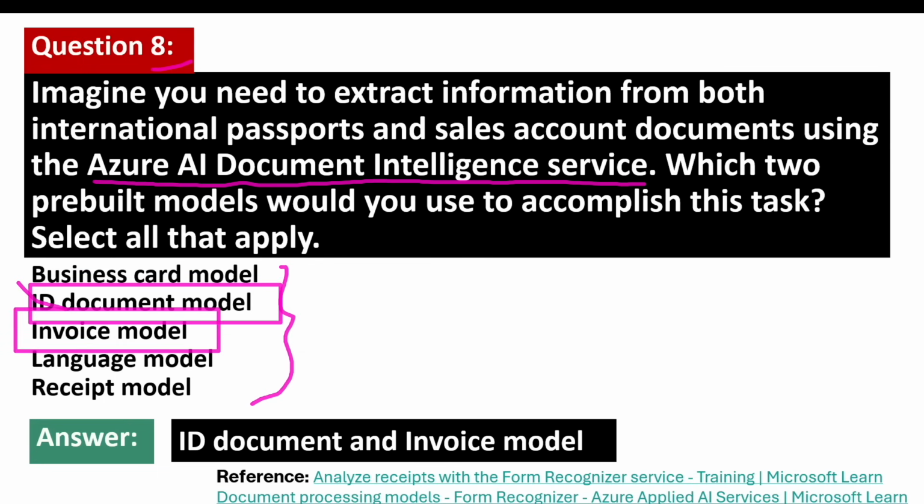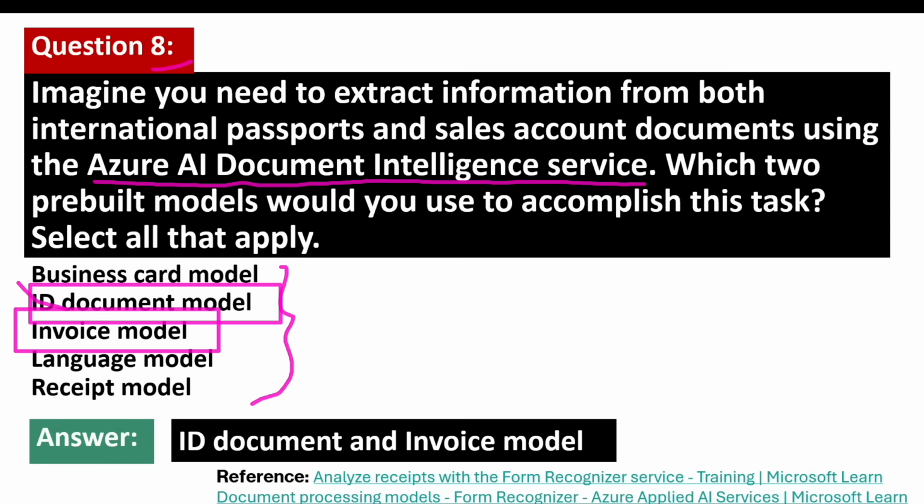First, let's understand what Azure AI Document Service is. Azure AI Document Service is a powerful tool that helps businesses automate the extraction of key information from various types of documents. This service can recognize text, tables, and key value pairs in documents, making it easier to process and analyze information quickly.